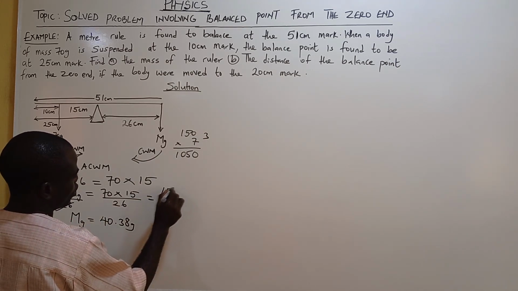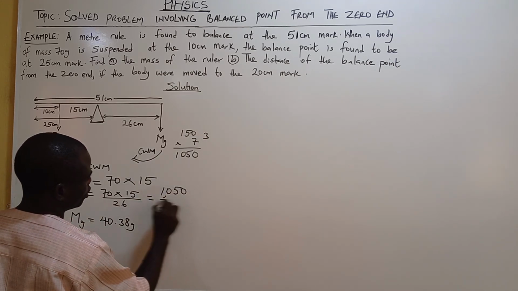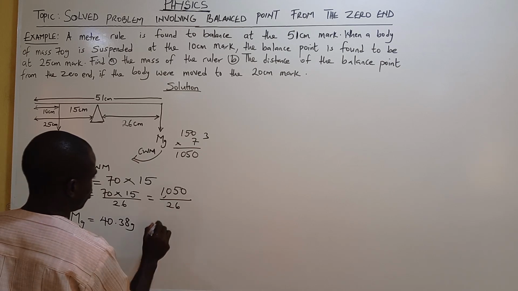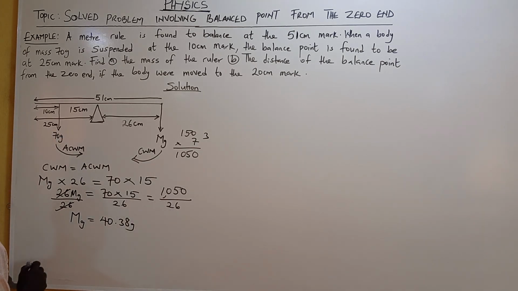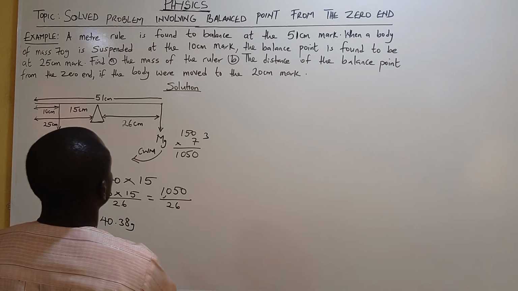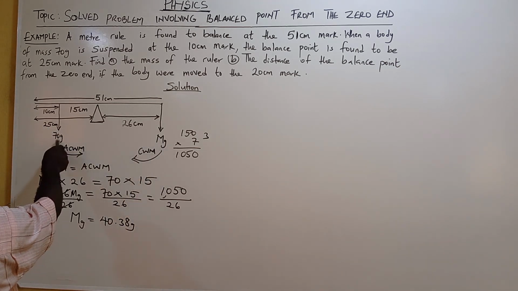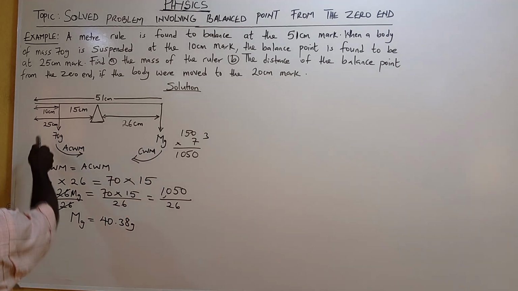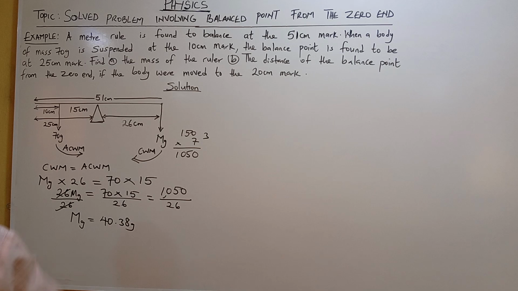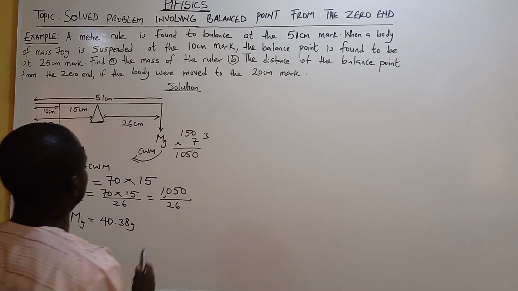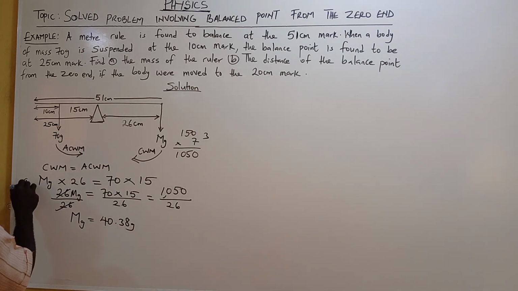That's 1050 divided by 26. When you divide it, you have 40.38 gram. That's the mass of the meter rule that will balance the other mass when it's shifted to the 10 centimeter mark. Now let's see the B part. This is the A part.